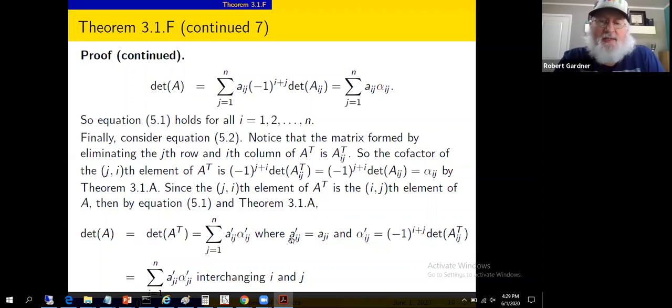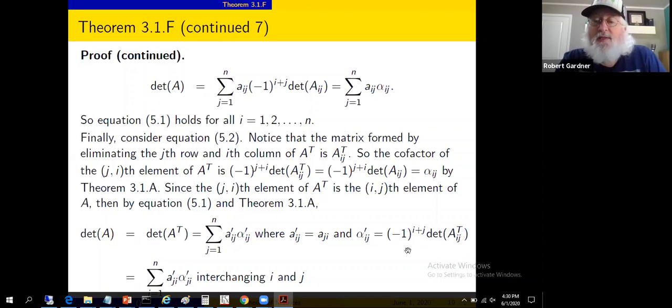So A sub ij prime is A sub ji. Remember, I'm looking at A transpose. So what we actually get for this first entry would be A sub ji. In terms of alpha sub ij prime, that would be -1 to the i plus j, determinant of A sub ij transpose, because we're looking at the transpose.